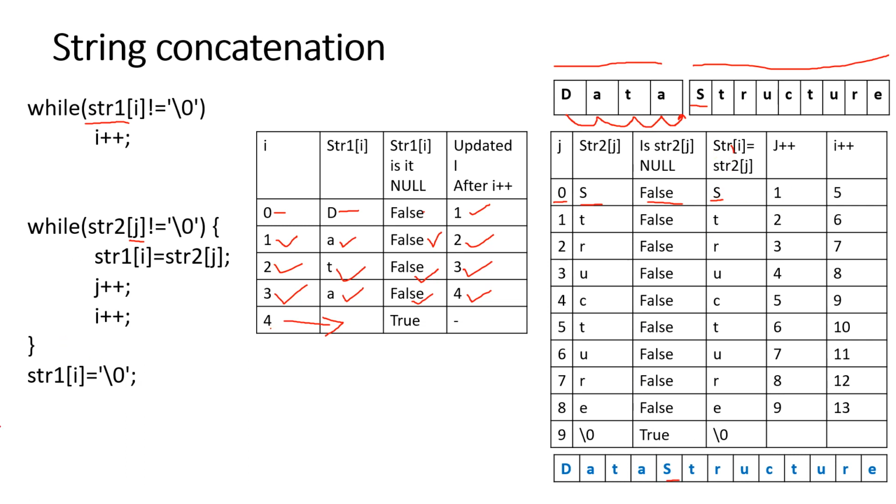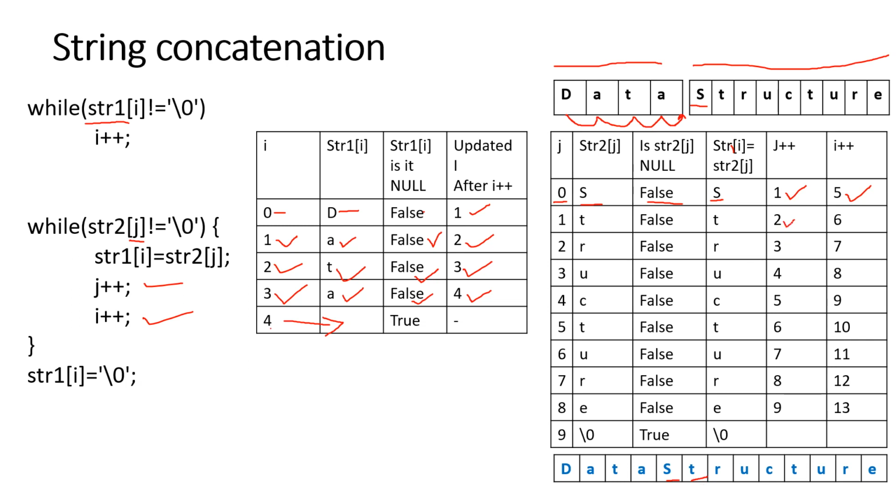After that, increment I and J values. I value was 4, now it is 5. J value was 0, now it is 1. J value 1. The character in the next place is T, which is not null. Copy that T here.